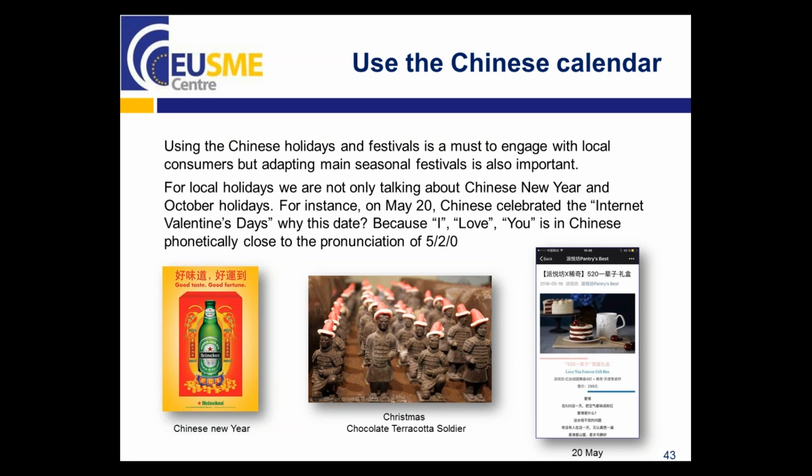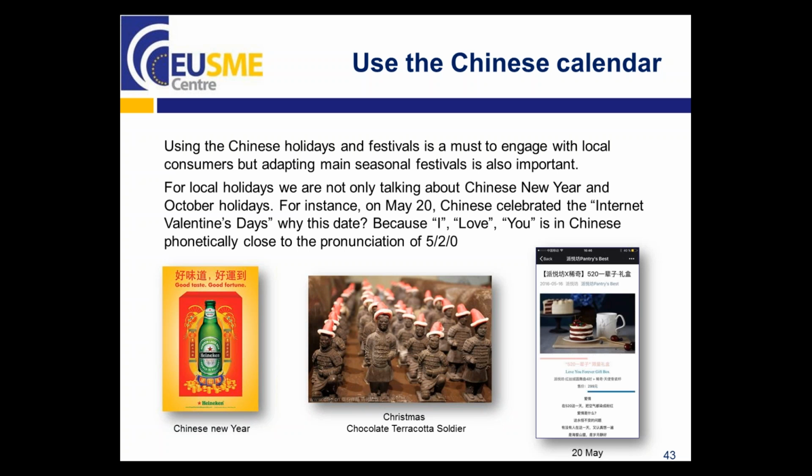It's a way to engage the Chinese consumers with Christmas, which is not a holiday that they know a lot about, but we put some Santa Claus hats on the terracotta soldiers, so it's funny. It's a nice touch, and they like the humoristic touch of it.